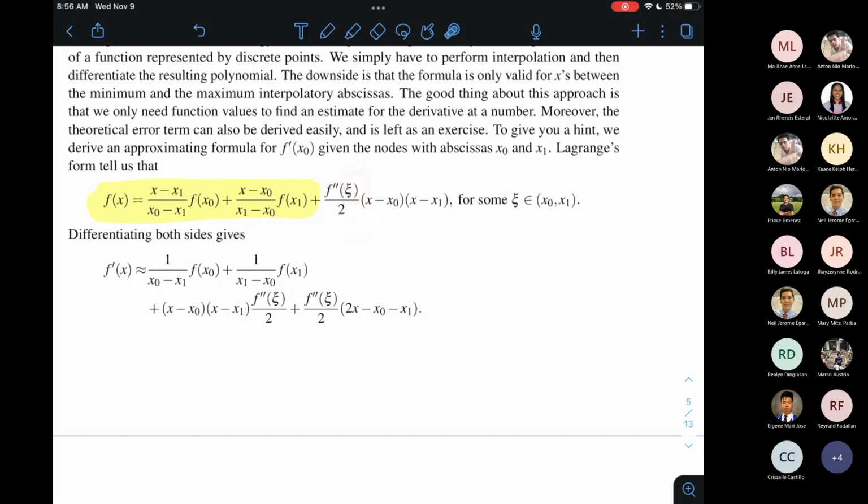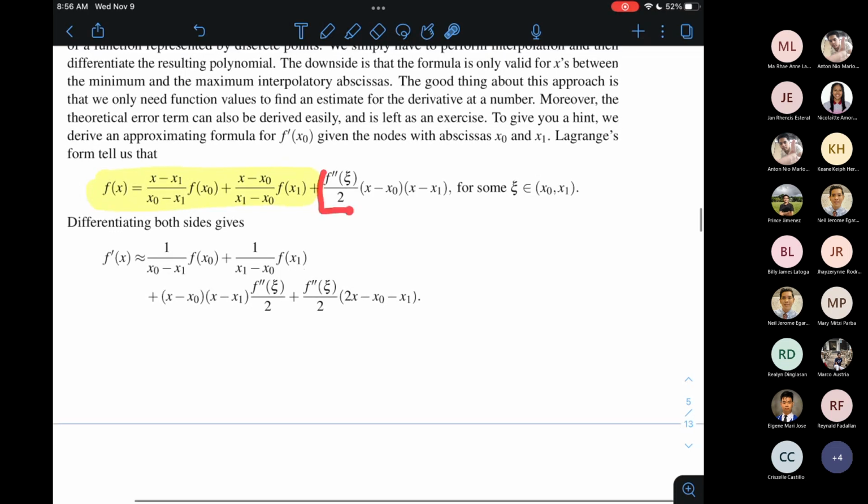Because psi is a constant between x sub 0 and x sub 1. Hindi nga lang natin alam yung value niya, pero sure tayo si psi ay constant. So this guy is a constant. So dito lang tayo magkakaroon ng problema. Because here you need to apply the product rule because you are multiplying two functions of x. So kaya nagkaroon ka ng dalawang terms dito.